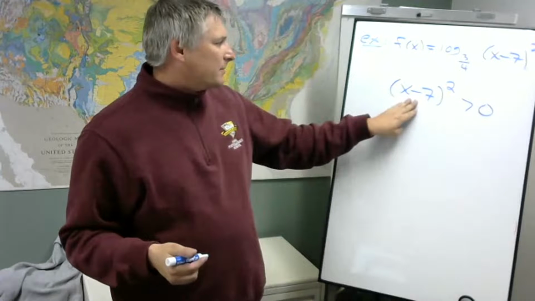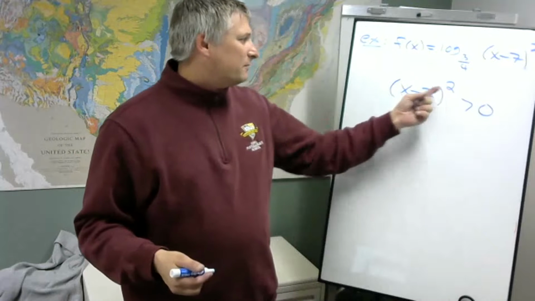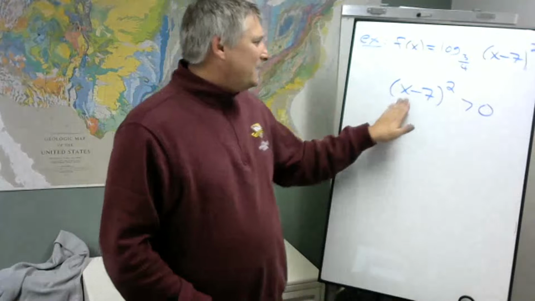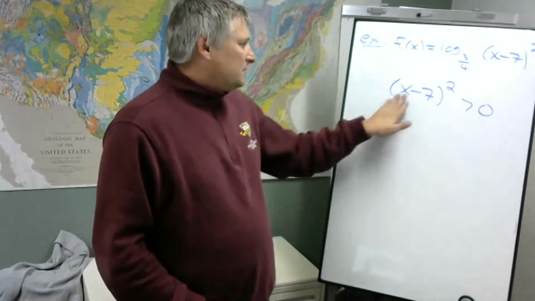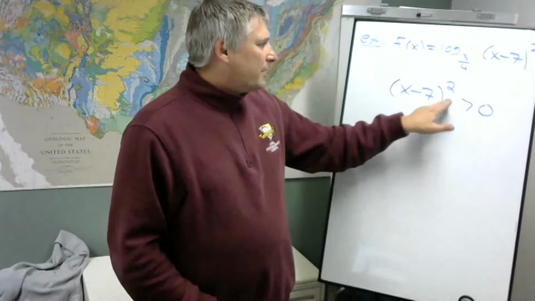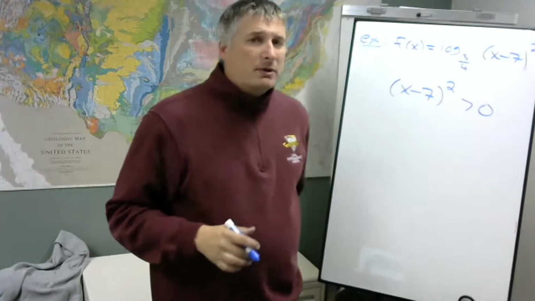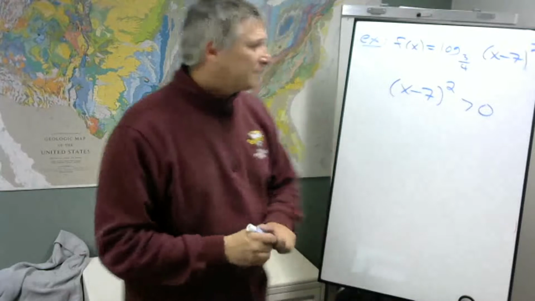If we get a negative number in here, like 3 minus 7 is -4, we're going to square -4, making it 16. So really, any number you can pick for x is going to be fine. If it turns out to be negative in here, we're going to square it. We're going to make it positive. There is one number we have to be careful of, though, and that's 7 itself.